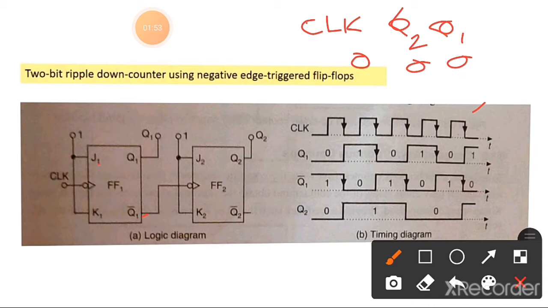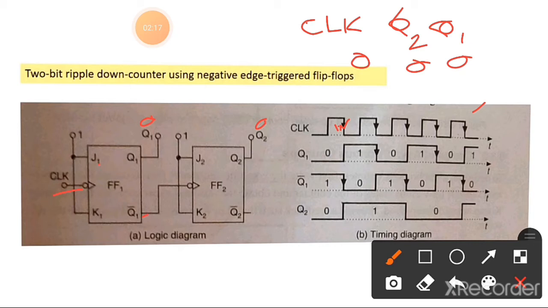Then at the negative going edge of the first clock pulse, that is here, this is the first clock pulse and its negative going edge is here. During that first negative clock edge, flip-flop 1 will be toggled. Initially Q1 and Q2 are 0 0.